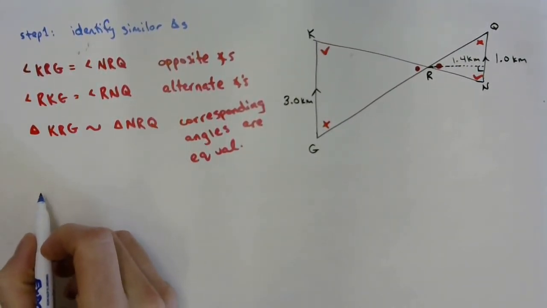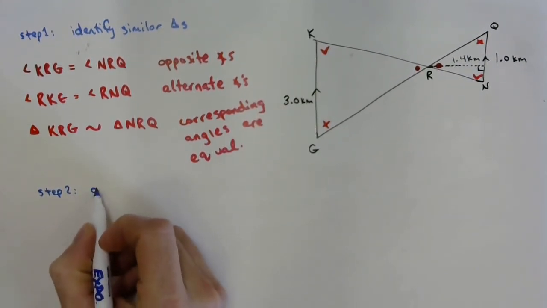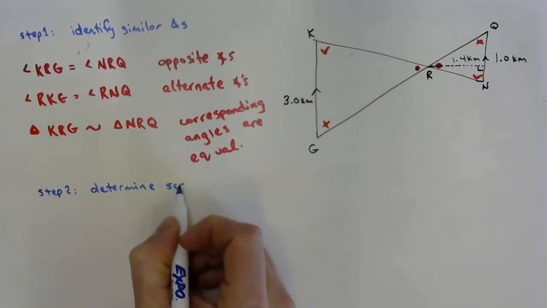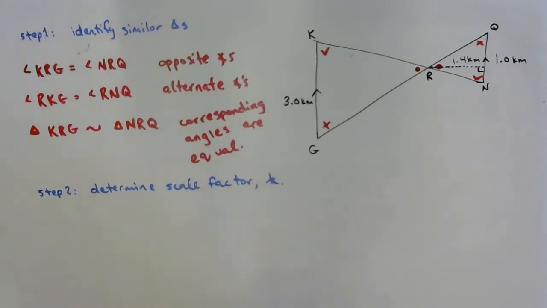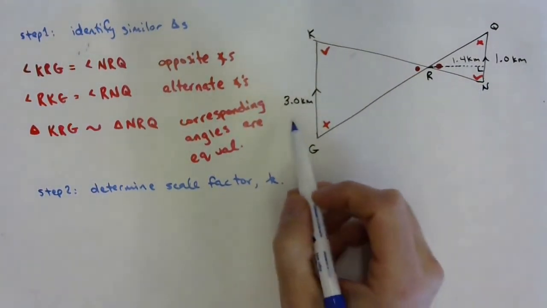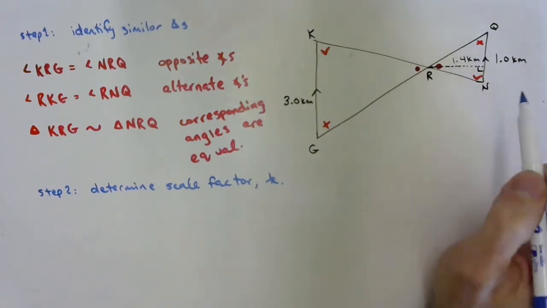Okay, we're going to find the scale factor. Step 2, determine scale factor K. Well, how do I do that? Well, I have corresponding side lengths, right? I have the base of each triangle.